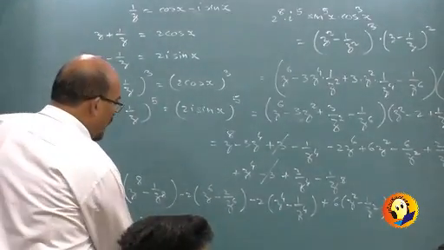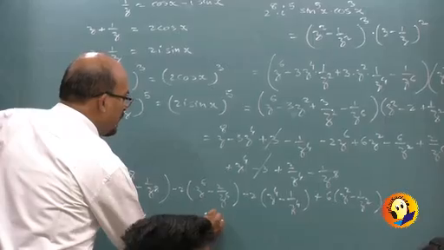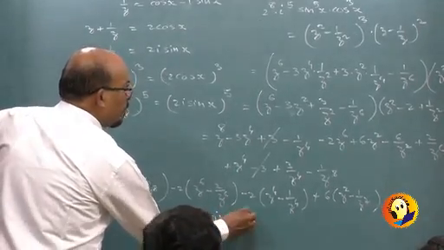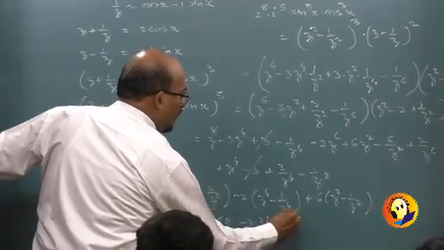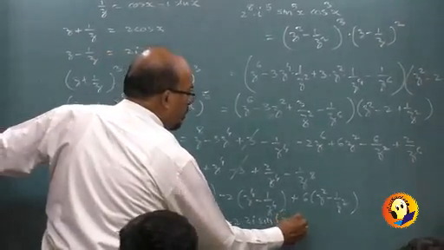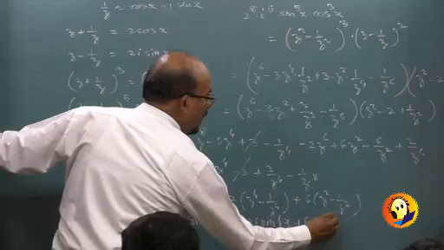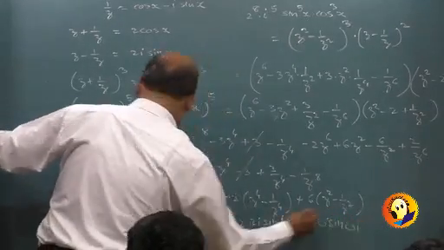So it is 2i minus 2 into 2i sin 6x, minus 2 into 2i sin 4x, plus 6 into 2i sin 2x.